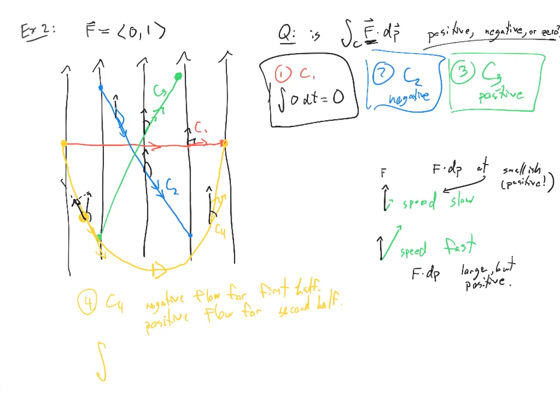So here, you expect the integral over C4 of f dp to equal 0 because the negative half and positive half cancels. So because of cancellation. And that's a little subtle, and we will develop better tools to analyze this moving forward.